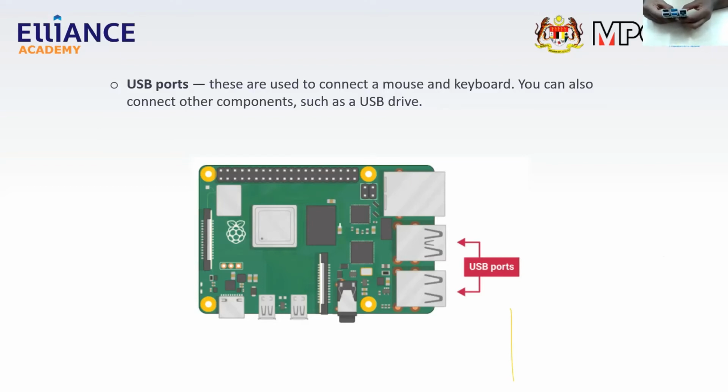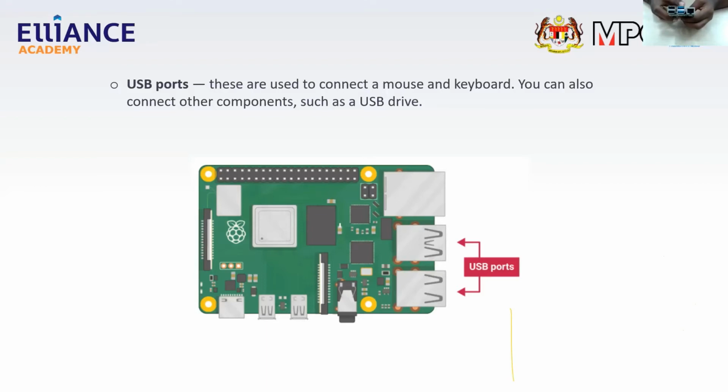Then there are 2 types of USB on the Raspberry Pi. You can see here there's a color difference: these 2 are black, and these other 2 are blue. The difference between these 2 types of USB ports is that one is USB 2.0 and the other is 3.0. So what's the difference? It's actually the data transferring speed.